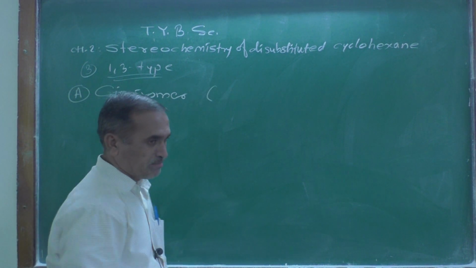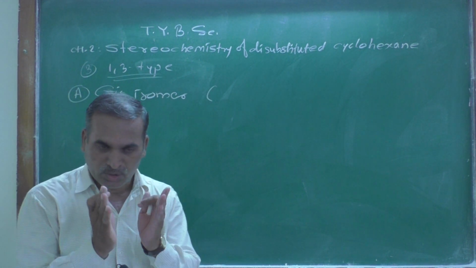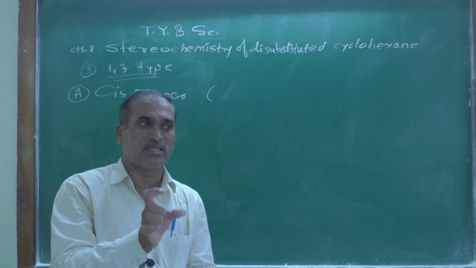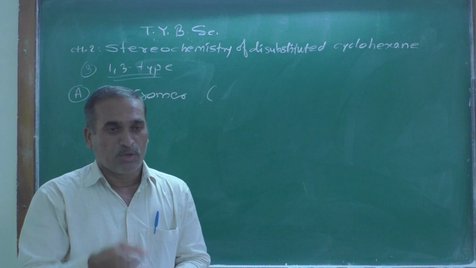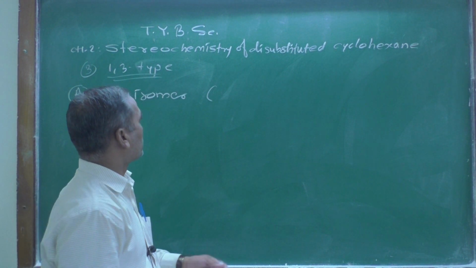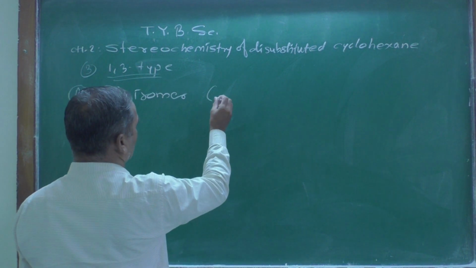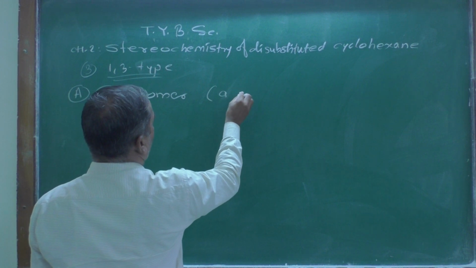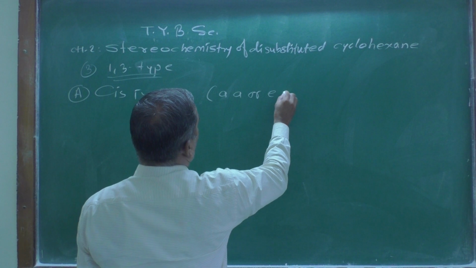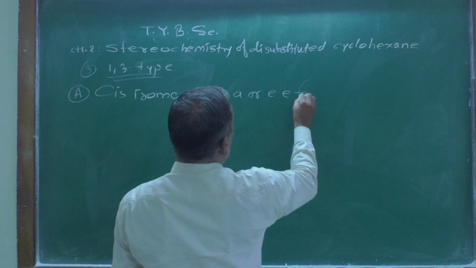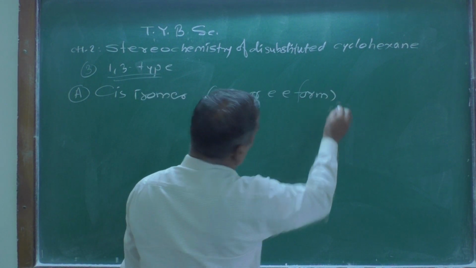Here A means axial, E means equatorial. Both substituents are present at this position, so we can call it an AA form or an EE form.